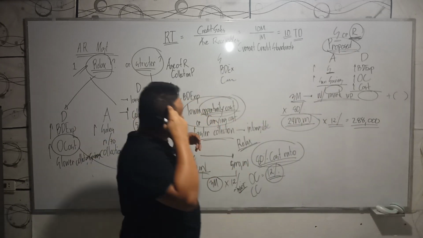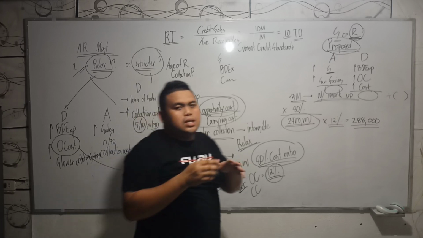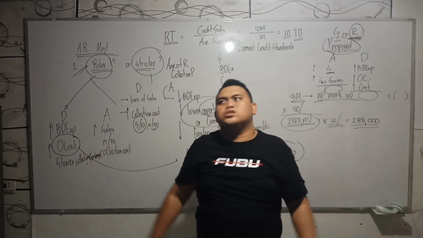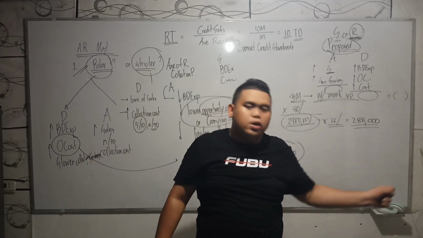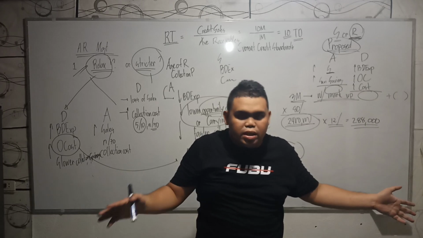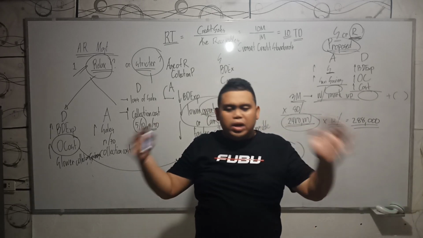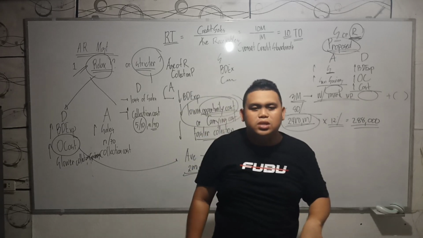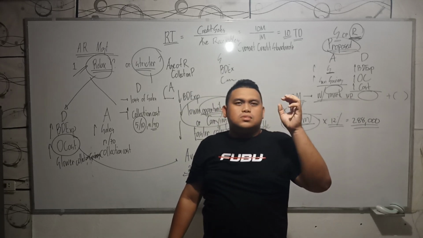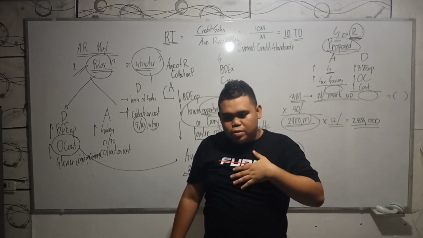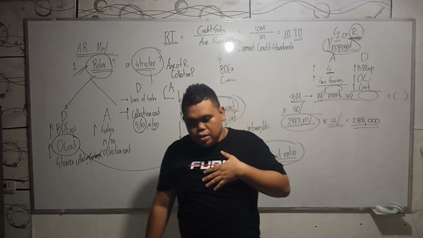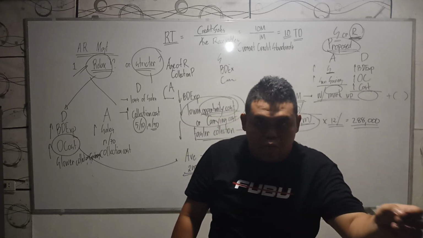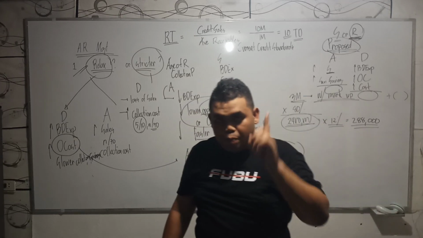On the average, your customers in a single period of operations, for example, you are operating for 360 days in a year, are enjoying credit from you. You extend credit to your customer and then they pay.